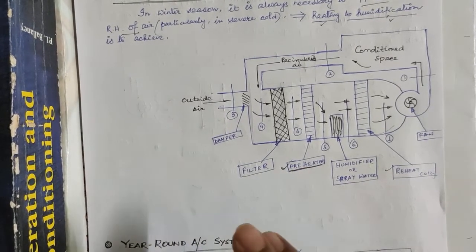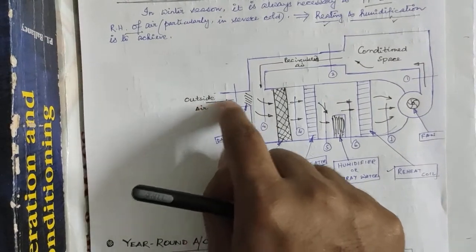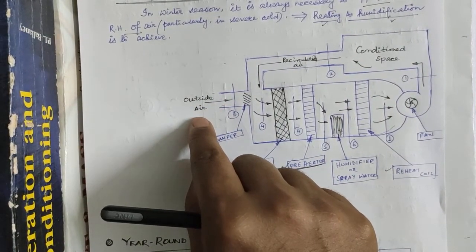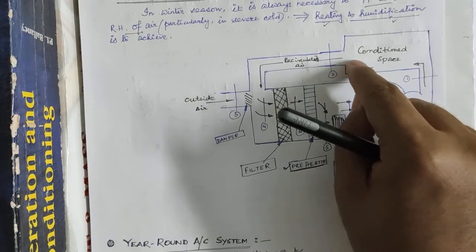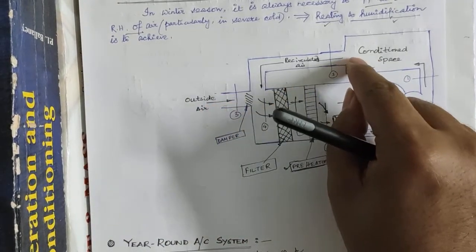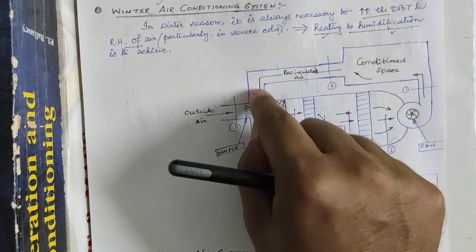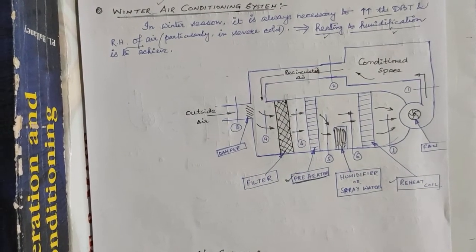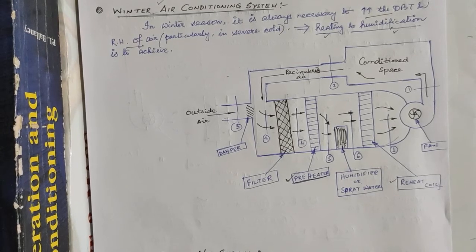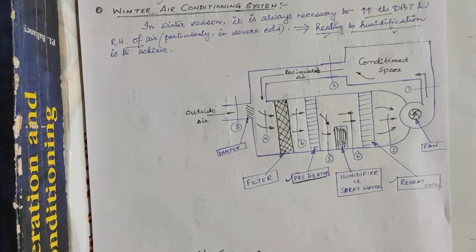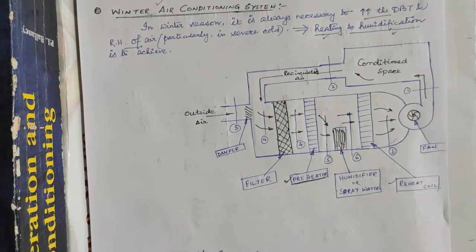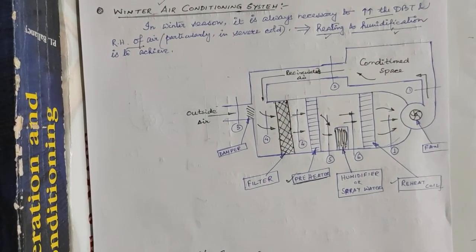In a broader sense, the outside air has a particular temperature and humidity. Similarly, the recirculated air with which it mixes has another temperature and humidity, which must be very low compared to the outside air. That means the temperature of the recirculated air is very low compared to the outside air, so there may be a chance of freezing of water.